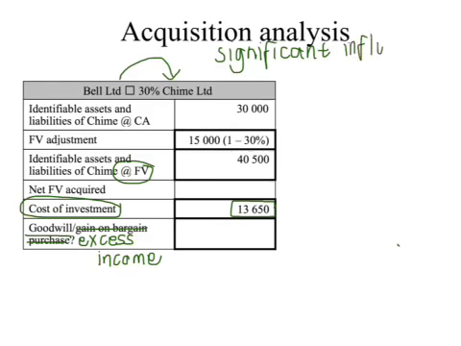influence over Chimes. Now, you know that significant influence is the criteria that we use to decide whether an investment in a company should be equity accounted for. The criteria for consolidation, you know by now, is control. So we have to decide whether we've got control over an entity, in which case we'll consolidate it.